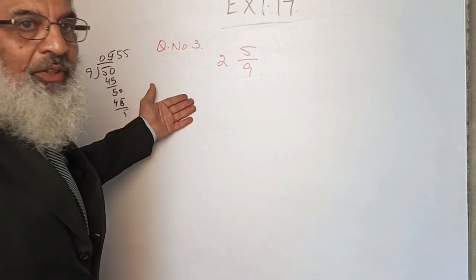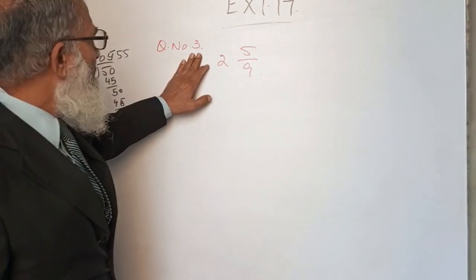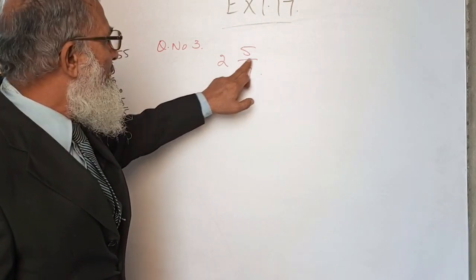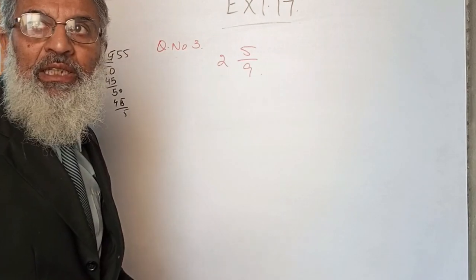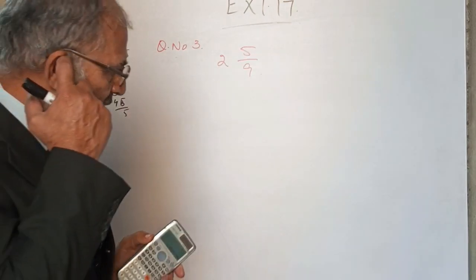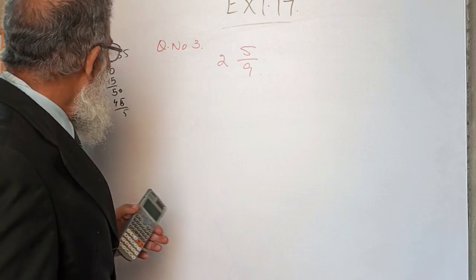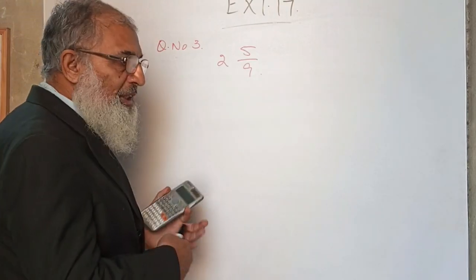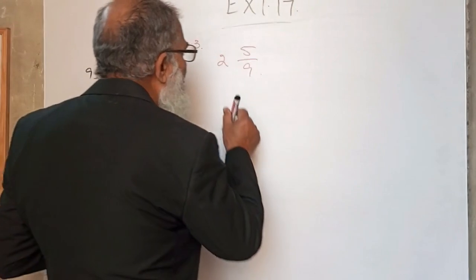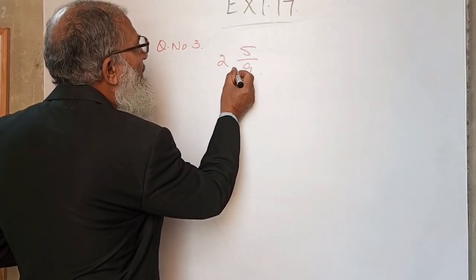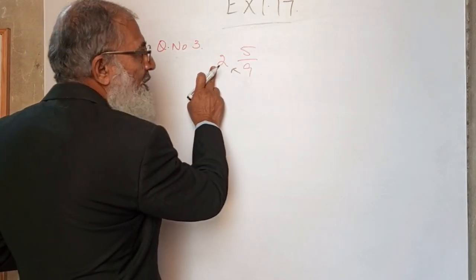Friends, what we are given in question number 3 is 2 whole 5 divided by 9, and we have also been given access to a calculator. If I do it manually, I have to multiply the denominator with the whole number.